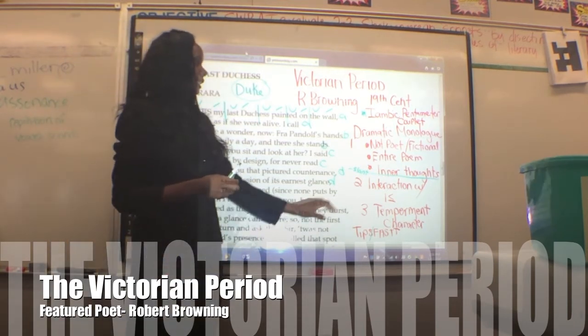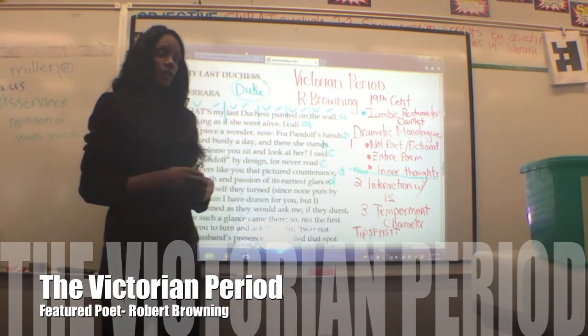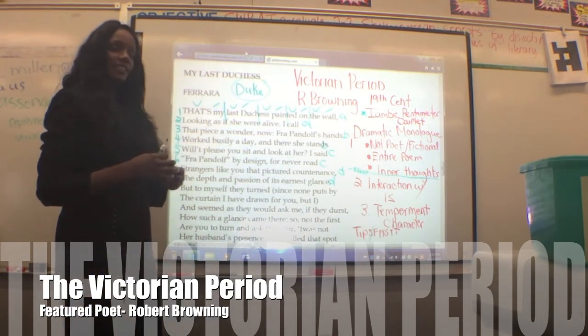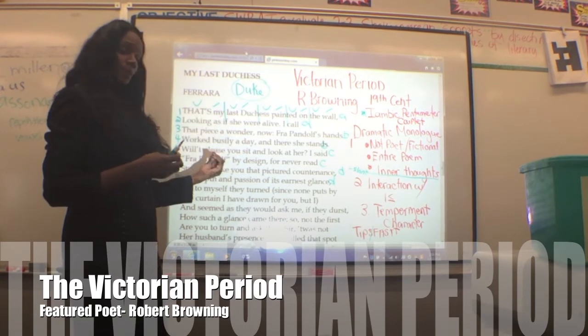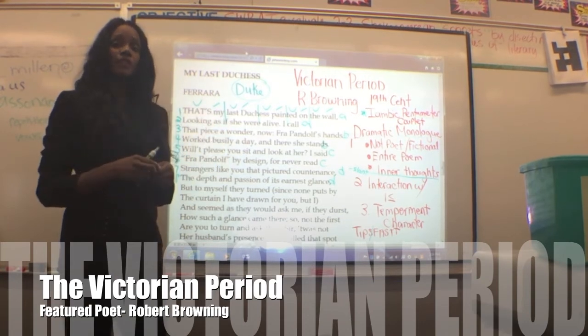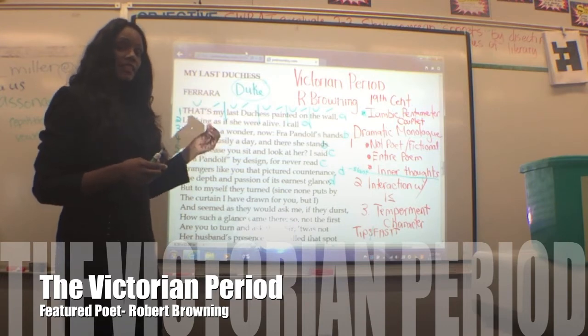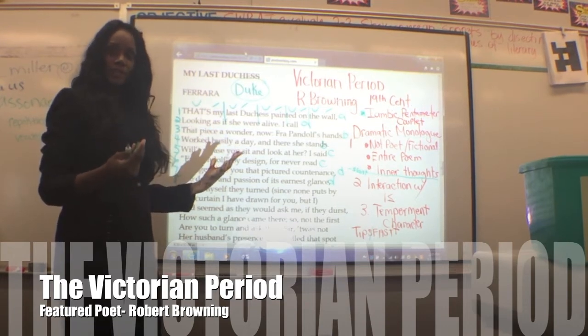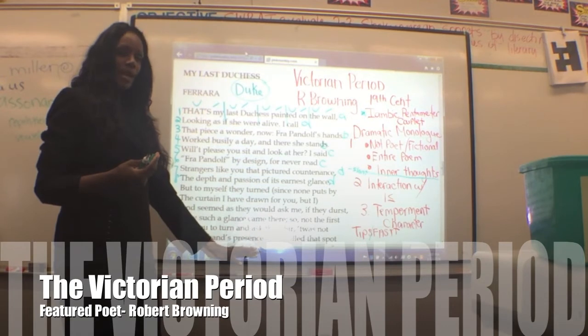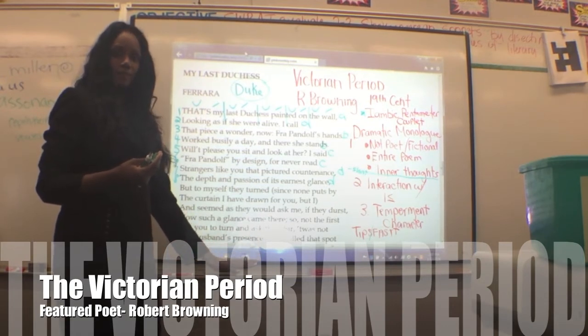That's the first quality. The second quality reveals the interaction between the speaker and another individual. Now, in this particular poem, My Last Duchess, this individual that the Duke is speaking to, we won't see until perhaps later down the line, okay?